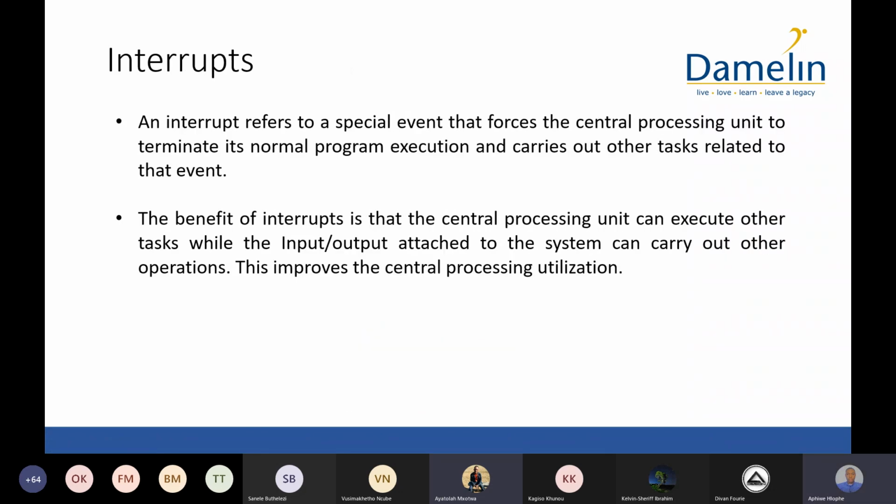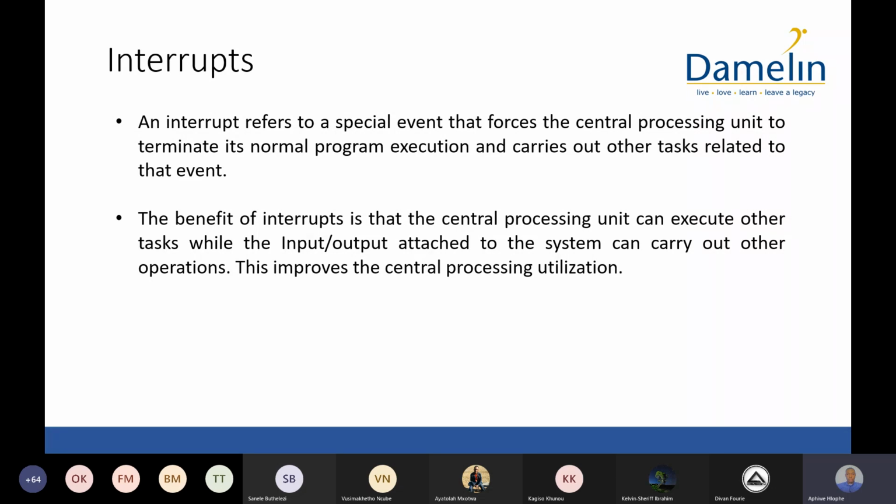Okay. So moving on to interrupts. There needs to be a way for input-output devices, examples being our mouse and our keyboard, to be able to communicate with the CPU. One way this is done is through interrupt requests. We tend to abbreviate it as IRQ.